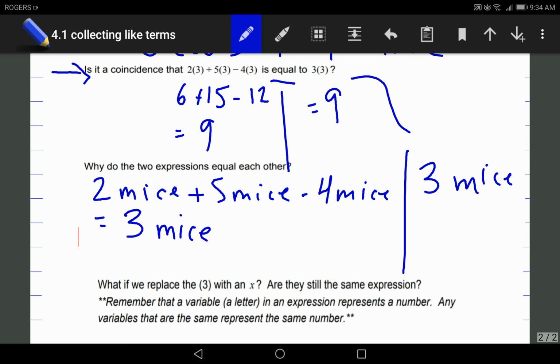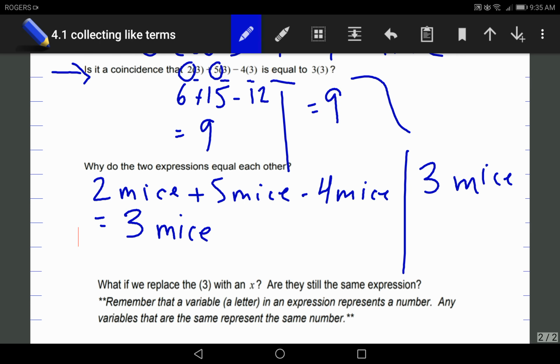So what did I do? Why are they equal? Because all of these were 3s, I was able to collect like terms. They are all like terms because they are all being multiplied by the same number, the number 3. So I add what's called their coefficients. The 2 is a coefficient because it's in front of the 3.